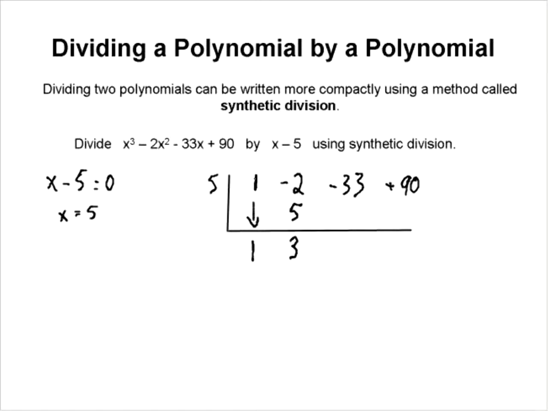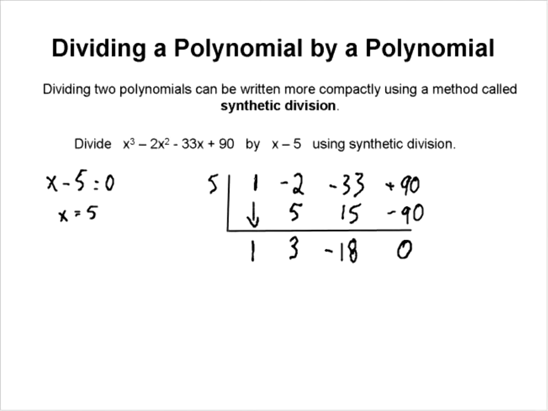And we do the same thing again. We take this number, 3, multiply it by 5, and it goes under the next coefficient. 3 times 5 is 15. -33 plus 15 gives -18. And we do it again. -18 times 5 is -90, and we get 0.